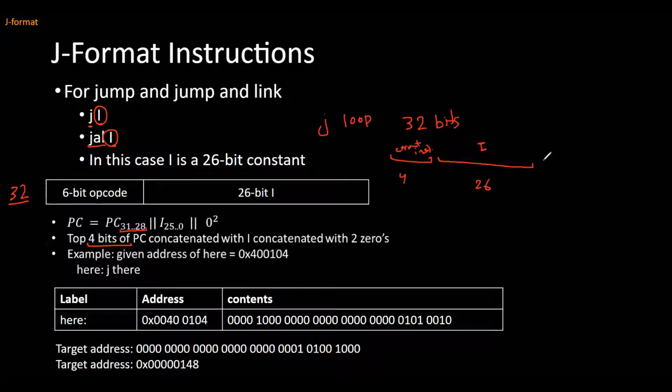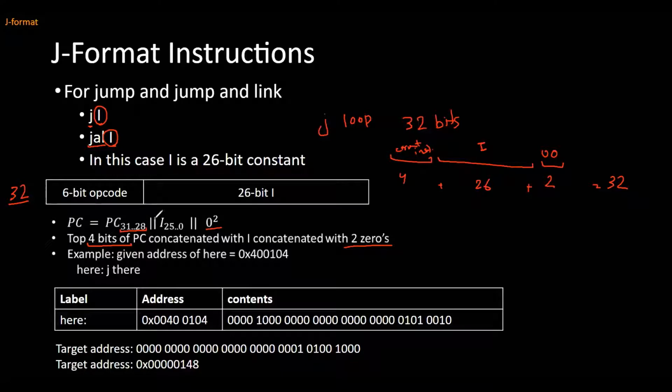And then we add 2 zeros to that, and that is 00, which is 2 bits. So if you add this up, you're going to get 32. That means you construct a 32-bit number that is going to represent an address for this jump or jump and link.